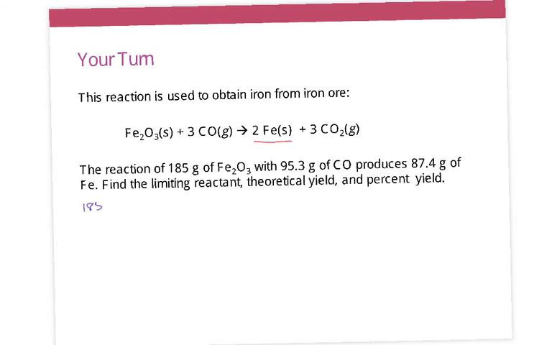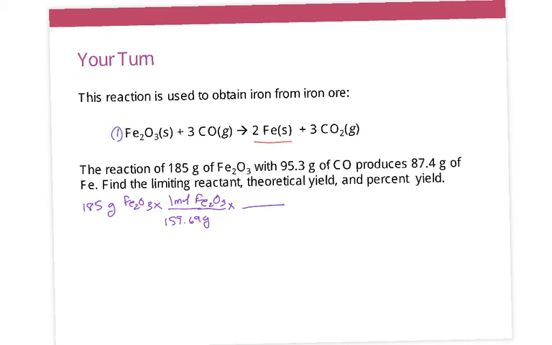So we always want to start with what we're given, 185 grams of iron ore, and we know that there's 159.69 grams for every 1 mole of iron oxide here. And now we can use the ratio here.